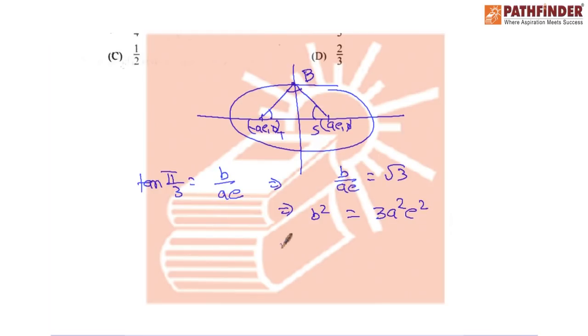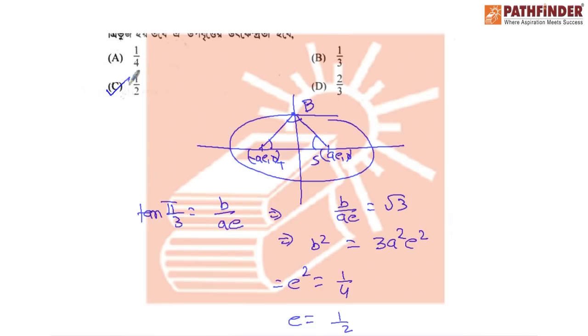Now putting the value, we will get E square is equal to 1 by 4, or E is equal to 1 by 2, which is given in option C. So question number 40, option C.